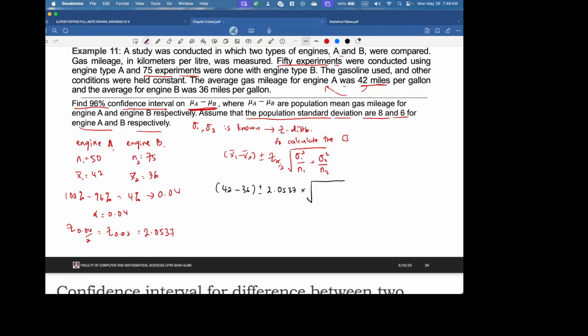So another piece of information is sigma: sigma 1 is 8 and sigma 2 is 6. When we transfer the information, you need the variance: 8 squared divided by 50 plus 6 squared divided by 75. This is what you need to calculate.